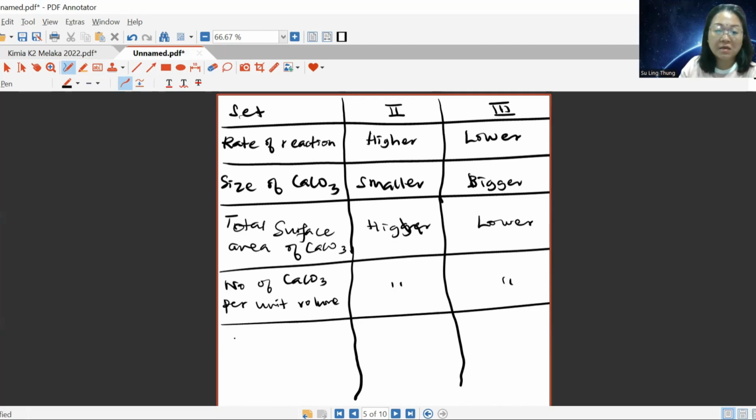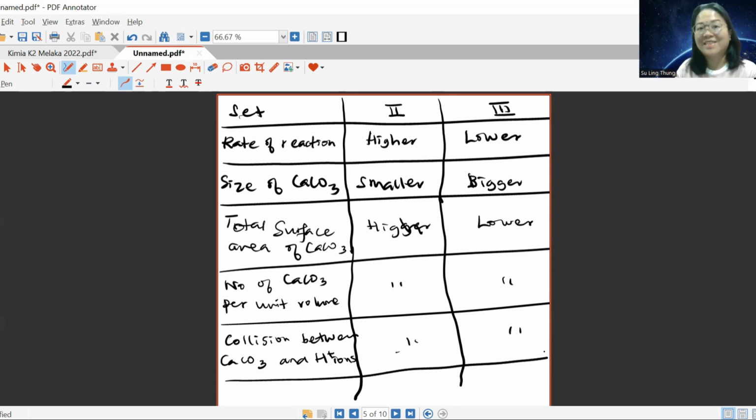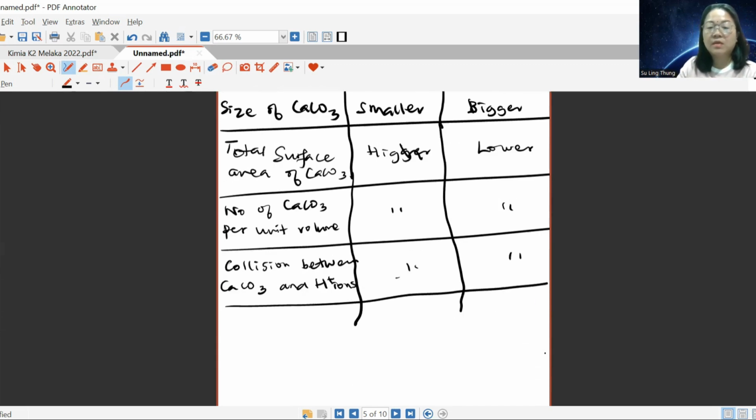As a result, the collision between CaCO3 and H plus ions. I prefer to use H plus ions because normally it reassures us, compared to just randomly writing down the name of the acid.